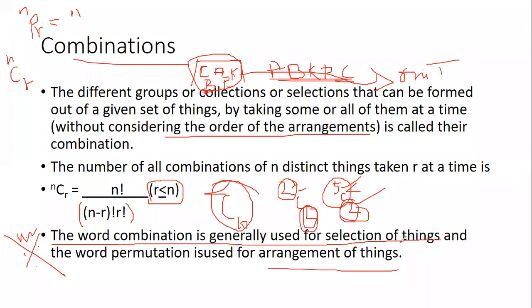You just randomly select things here. You don't think about what you have to buy first, what you have to buy next. No, you just randomly select. But when it comes to permutation, you will have arrangement of things. There you are very particular about which should come first, which should come next, and then only you will arrange.